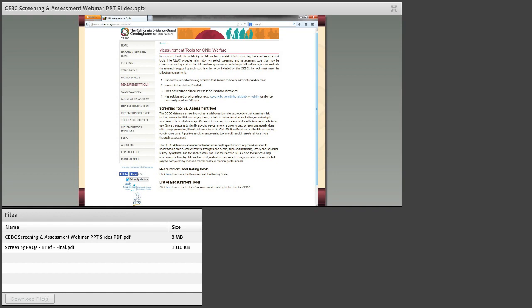Starting at the top, the page provides a brief explanation of the purpose and the tool requirements, a description of screening versus assessment, followed by a link to the measurement tool rating scale. And then on the bottom, there's a link to the list of reviewed measurement tools.